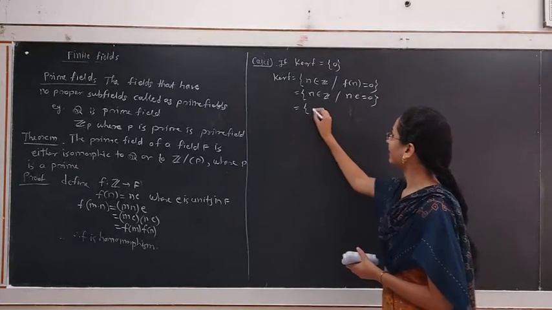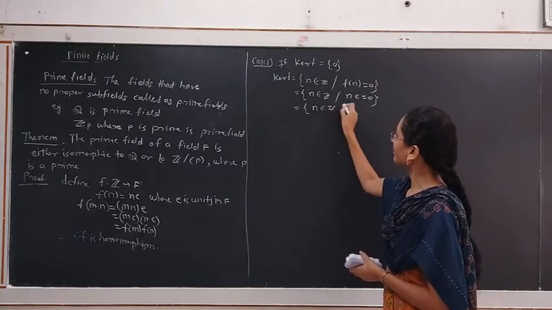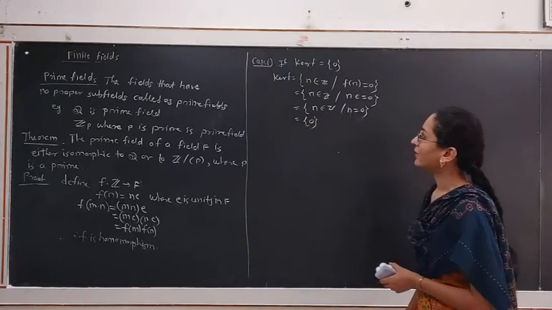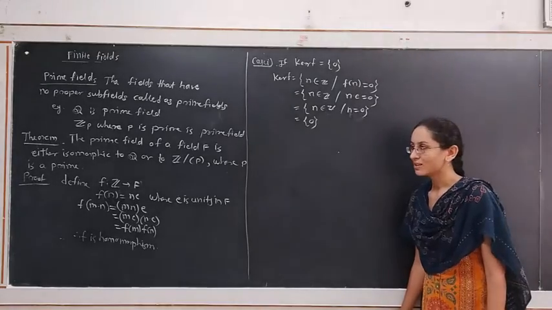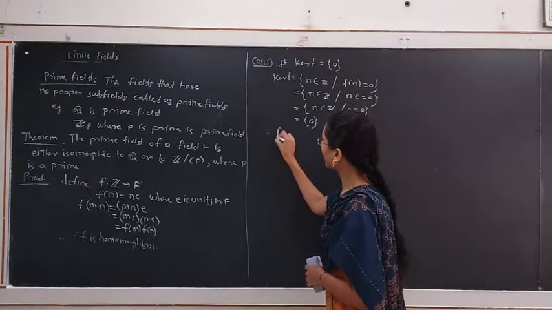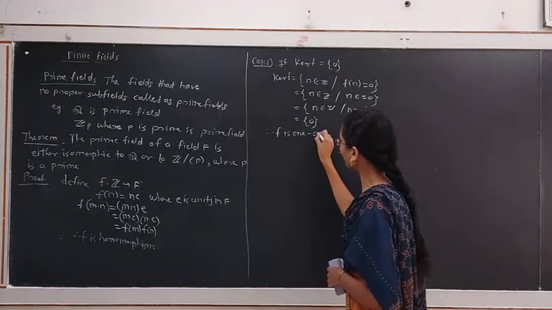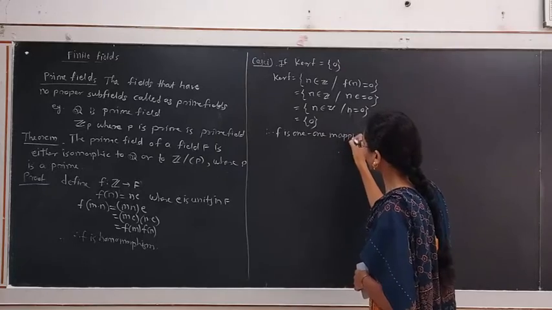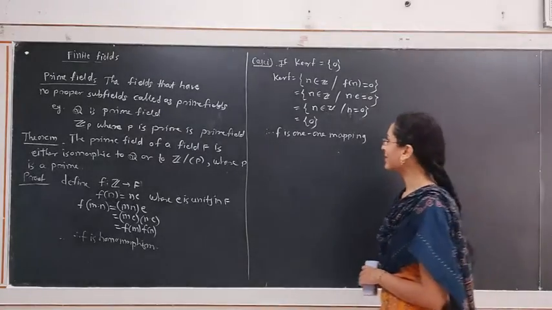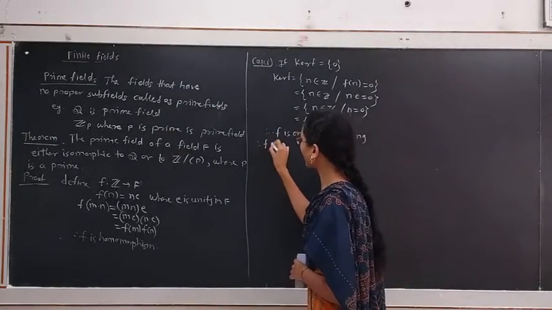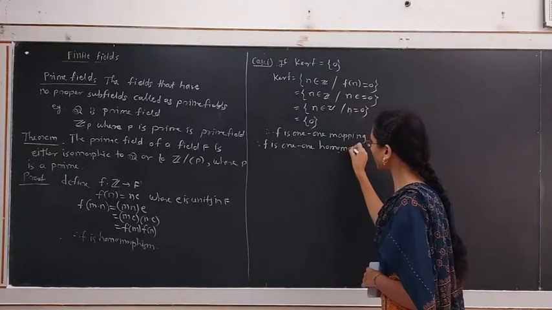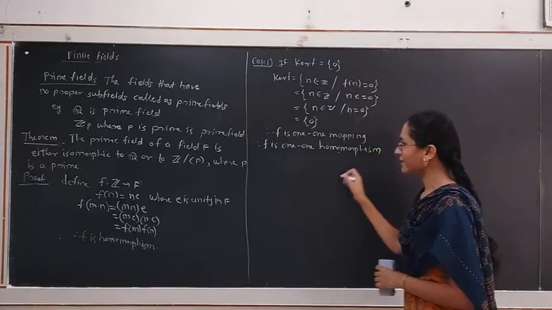Therefore, the kernel is the singleton set {0}. If the kernel of f is 0, then this mapping f is a 1-1 mapping. In the previous step, we proved that f is a homomorphism, hence f is a 1-1 homomorphism. That is, f is an embedding.